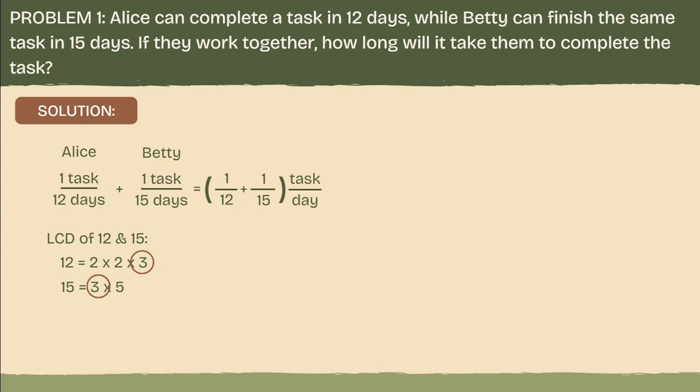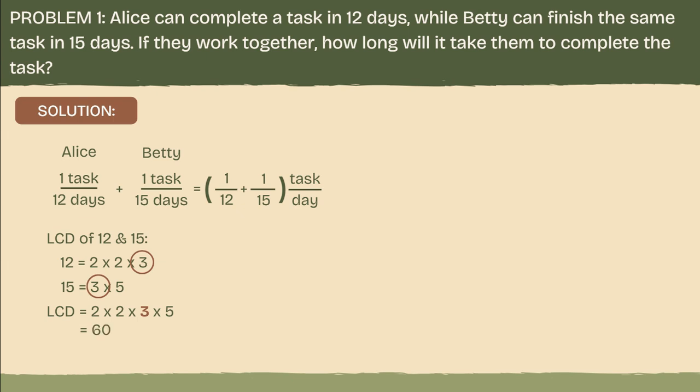Because writing it twice would make the number bigger than necessary. However, if you happen to write it again, do not worry because you will still solve it. It's just that it is easier to work with smaller numbers. So, our LCD will be 2 times 2 times 3 times 5, giving us 60.